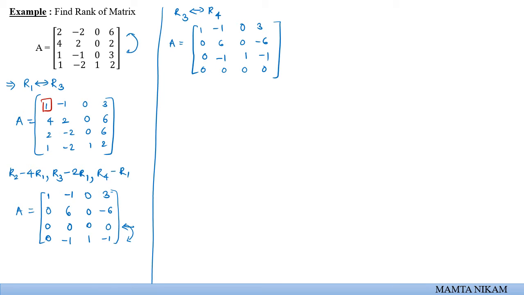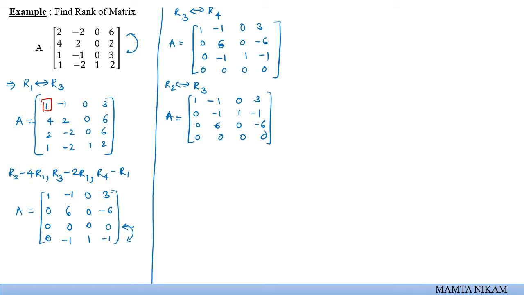Now if you observe the second and third row again, here we have a minus 1 and here it is a bigger number. So the smaller number we will shift to the upper side. So we will perform another transformation, R2 interchange R3, so that it will be easier to make the elements below 0. So 1 minus 1 0 3, 0 minus 1 1 minus 1, 0 6 0 minus 6, 0 0 0 0.